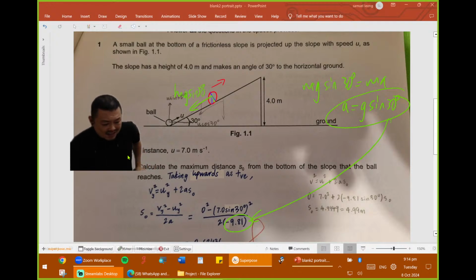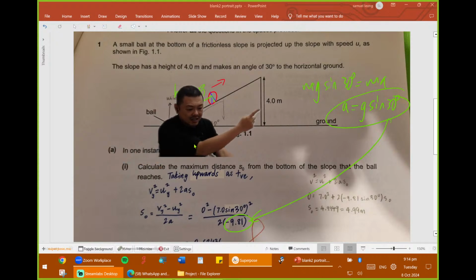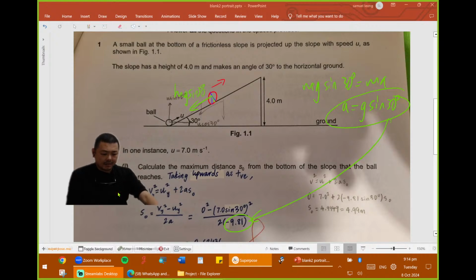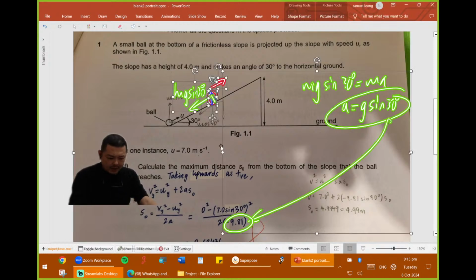One of the key triggers is distance: if you ask me to calculate distance, I use energy. Okay, good, this one is settled.